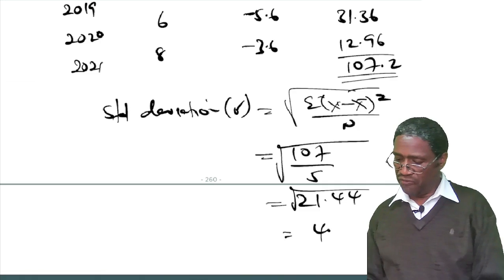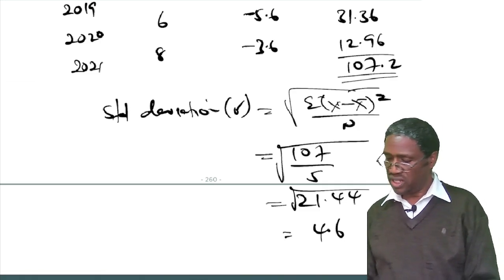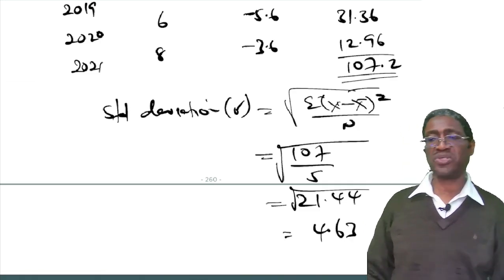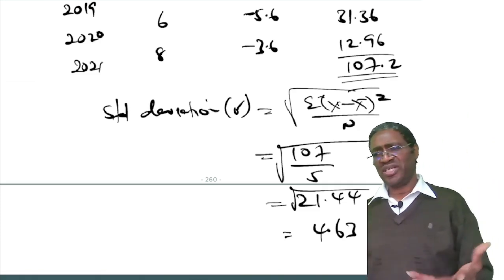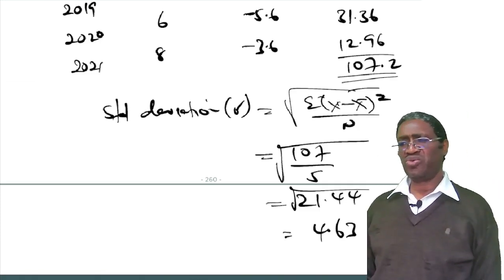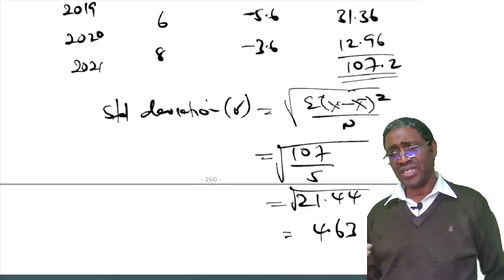That gives me about 4.63. Good, 4.63. So that's what the examiner wanted you to do: determine the standard deviation.